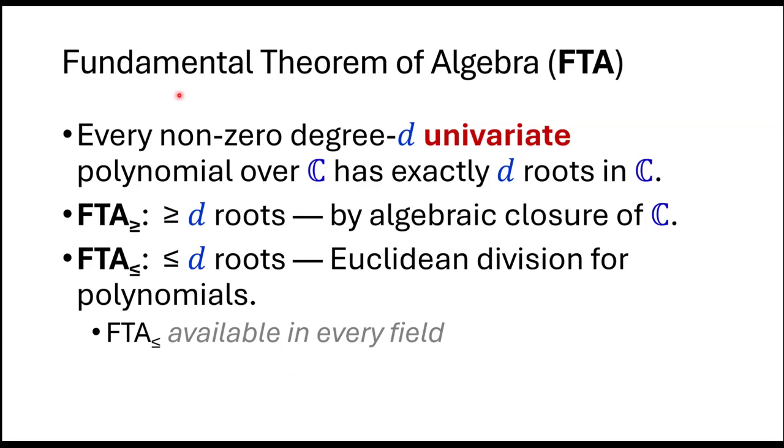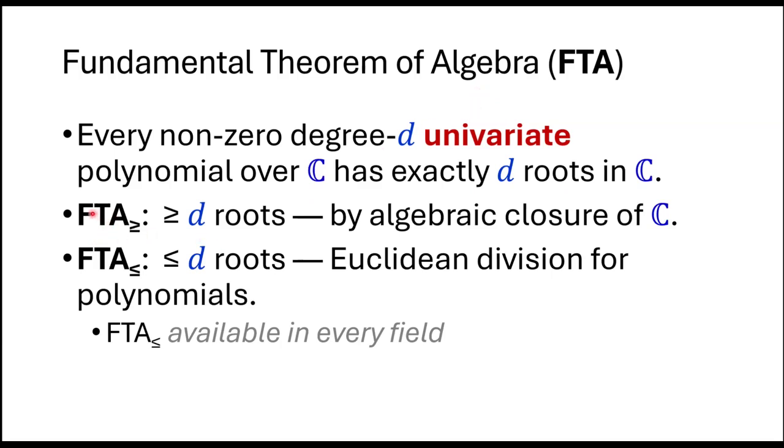The Schwartz-Zippel Lemma, and I will explain the details later on, subsumes the fundamental theorem of algebra when the number of variables of the polynomial is 1. Every non-zero degree d univariate polynomial over the complex numbers has exactly d roots in C. That is the fundamental theorem of algebra.